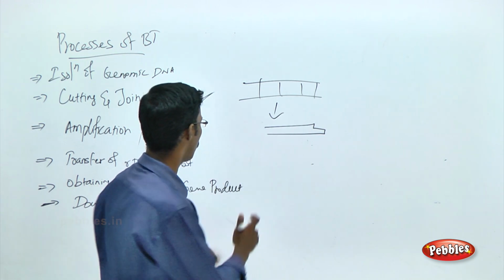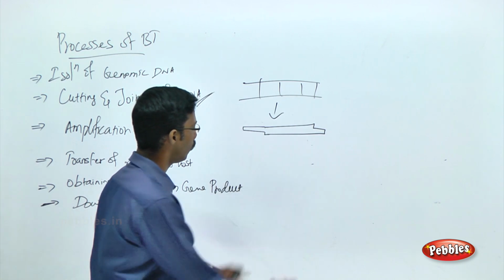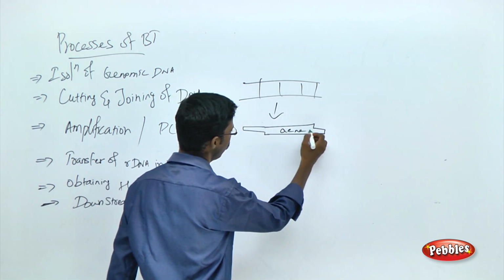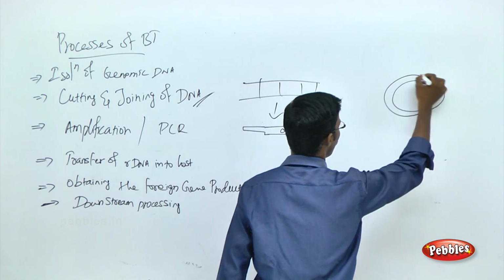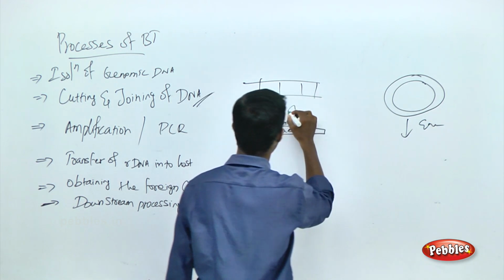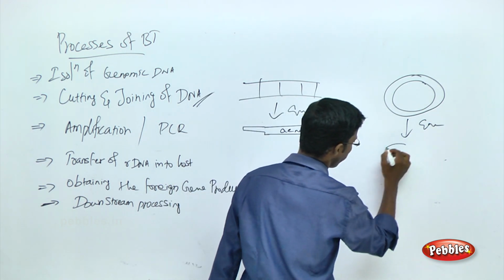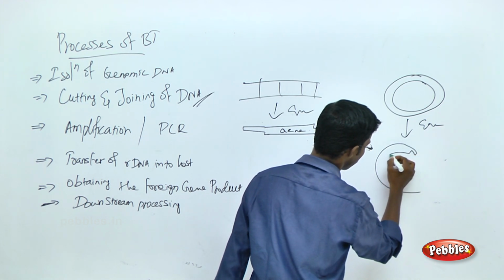It should be complementary, it should be sticky like this. This is your gene of interest, and at the same time you have isolated your plasmid molecule and digested the plasmid with the same enzyme, so that the plasmid also produces a protruding end like this.